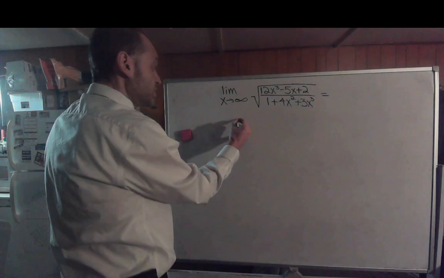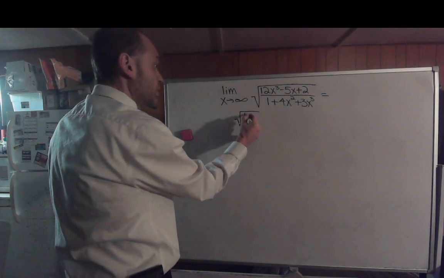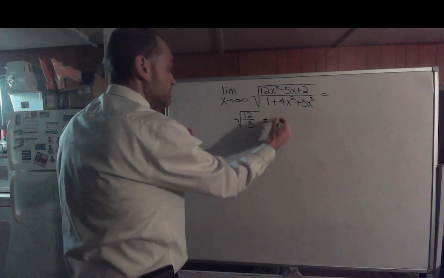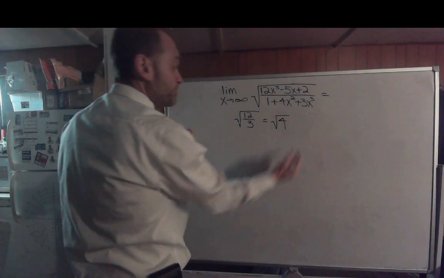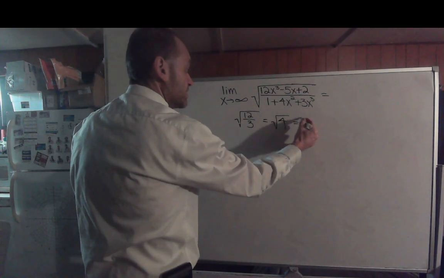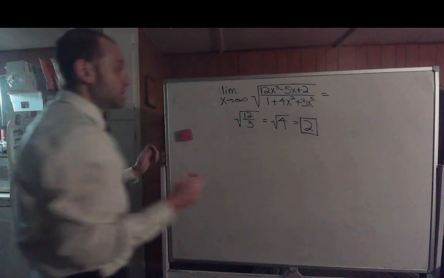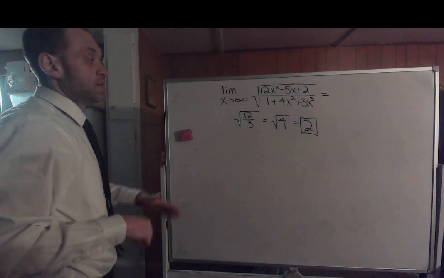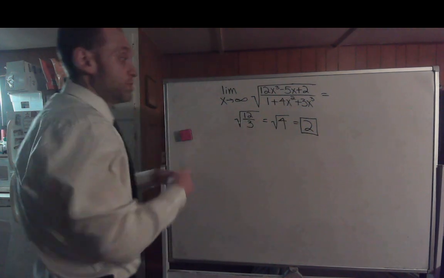So this is going to equal the square root of 12 divided by 3, which would end up giving you the square root of 4, which would actually make your limit in this case 2. So always remember to take your square root signs, and that'll give you a limit of 2.